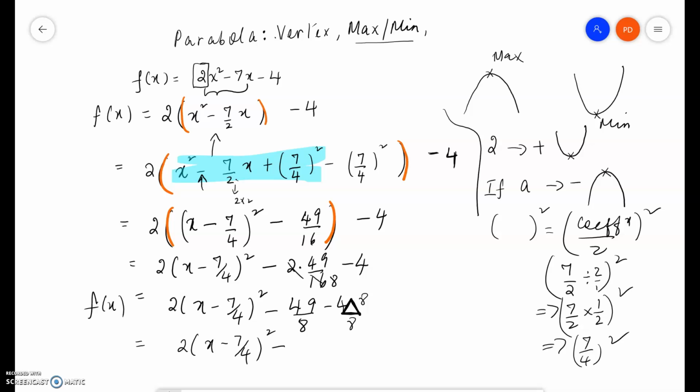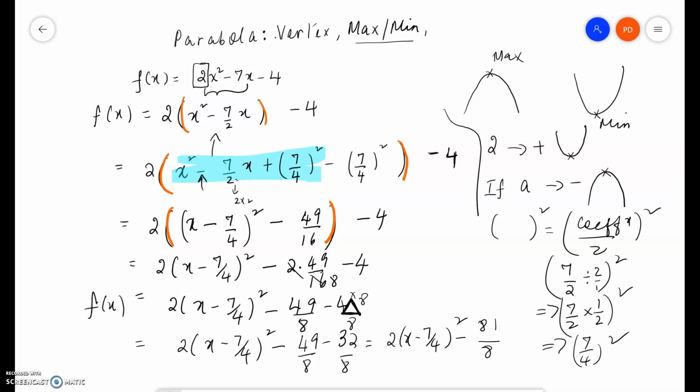So there would be 49 minus 8 fours are 32, each divided by 8. So there would be 2 times x minus 7 over 4 the whole squared minus, the common denominator is 8. We add the 49 and 32 to get an 81 over 8.